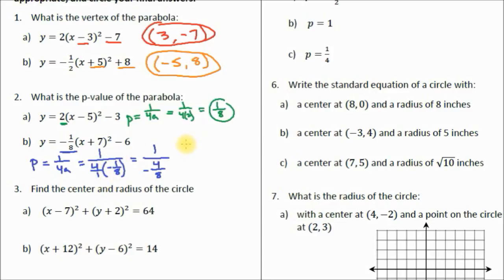Now in this case, we want to get rid of the fraction on the bottom. So to do that, we're going to multiply by the reciprocal, -8/4.